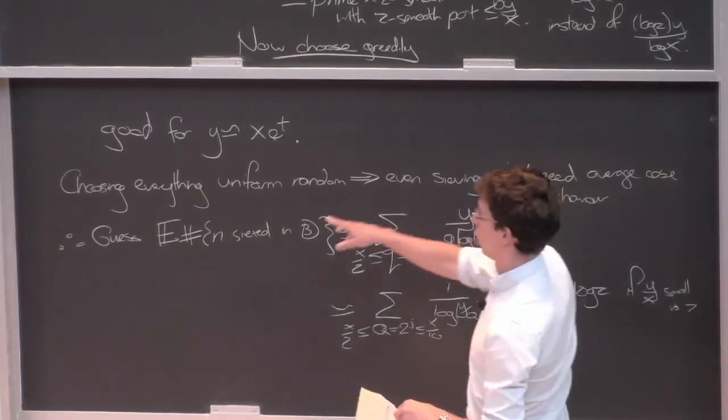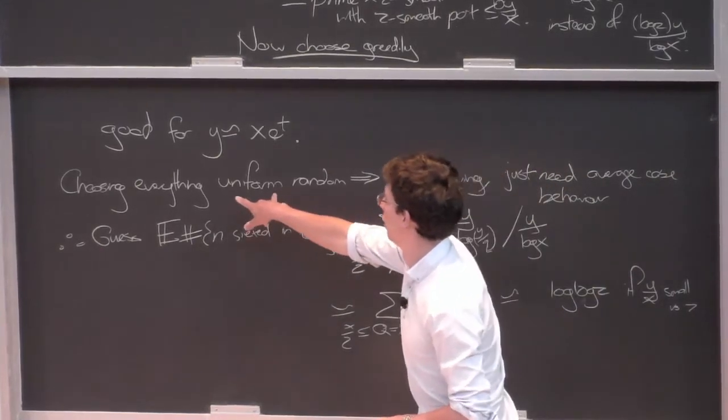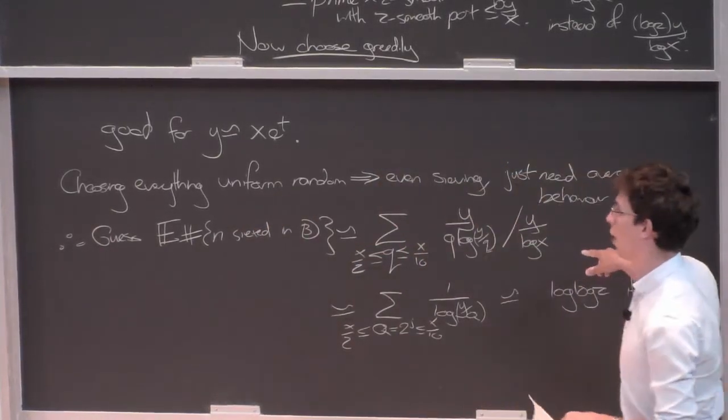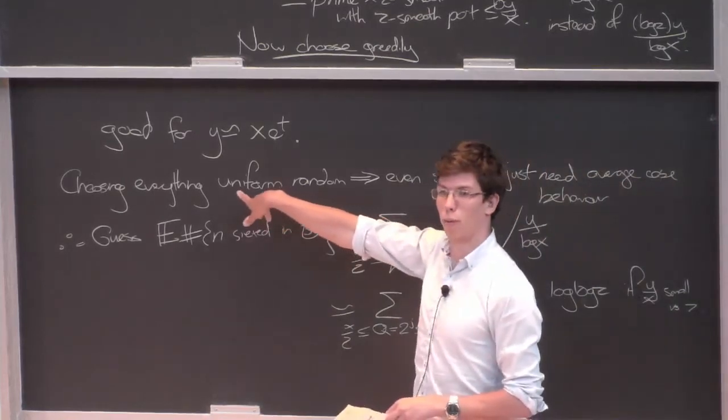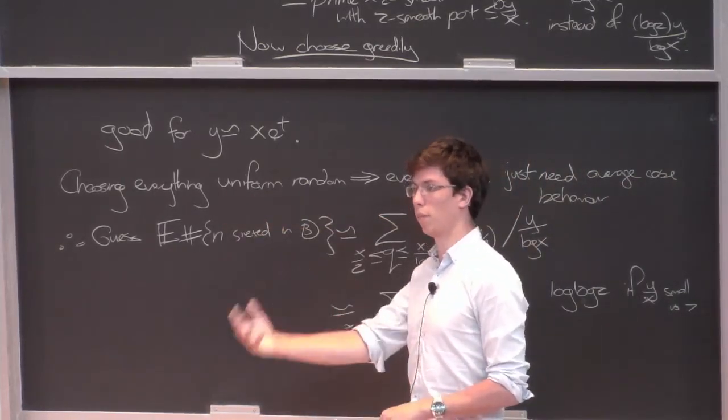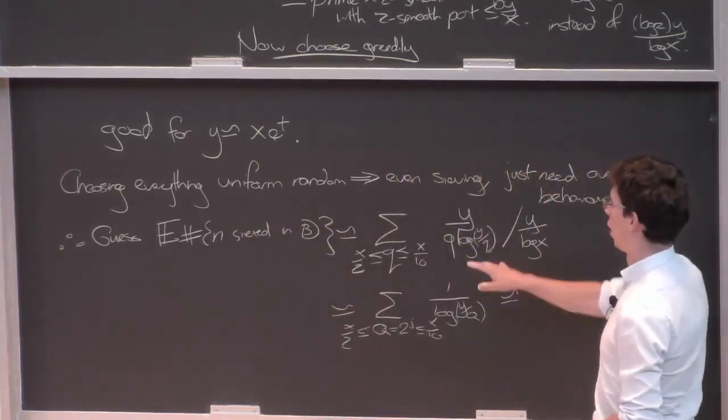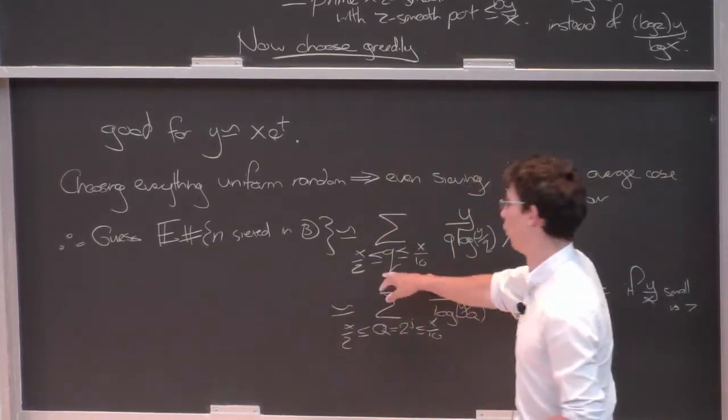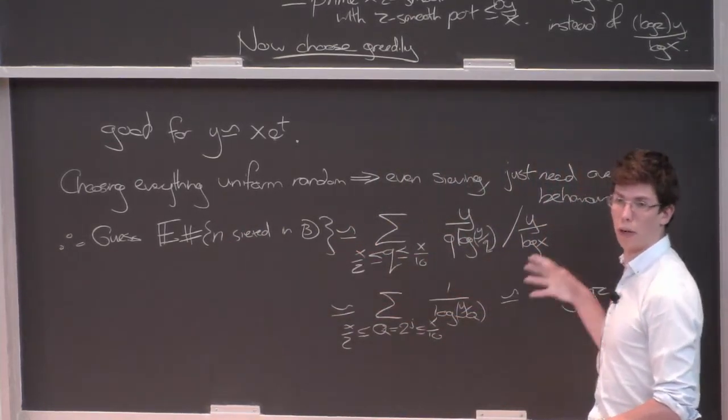And this is assuming that everything happens as if it was just average case behavior. But by choosing everything uniform random, you can show that the average case behavior is the typical behavior. And so outside of some small exceptional set of n's and some small exceptional set of q's, all of these calculations work exactly as I've described.